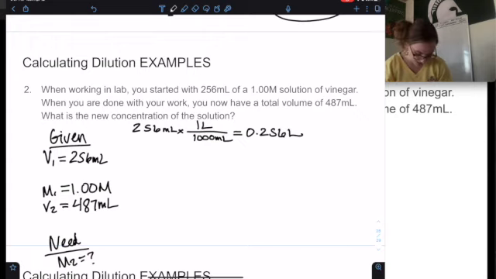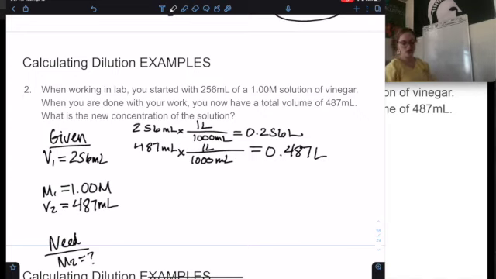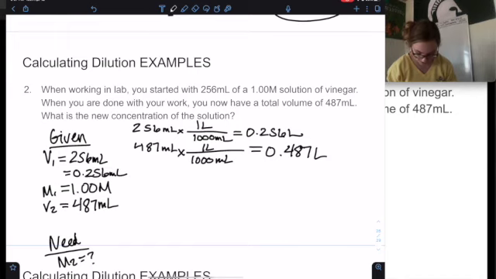And then I'm going to do the same for 487 milliliters times 1 liter divided by 1,000 milliliters. Same setup. So we end up with 0.487. Oh, sorry, that's liters, not milliliters. So I can write this over here into my chart so I can keep track.